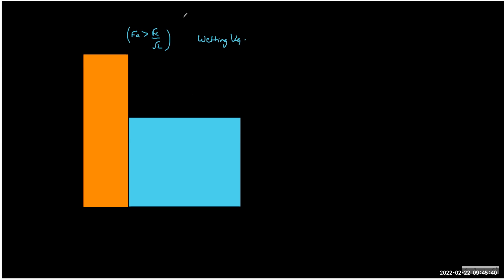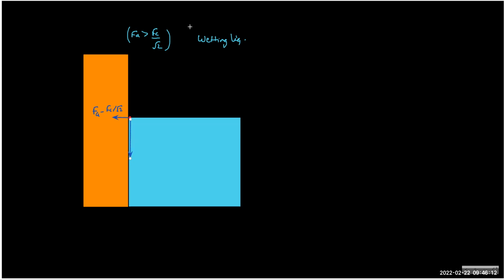So if we represent the resultant force on the red dot that we had, okay, let me do once again. If we apply the force, the difference will be very small. Generally it's a very small difference because what we have here is adhesive minus FC by root 2, and the cohesive part is slightly bigger.